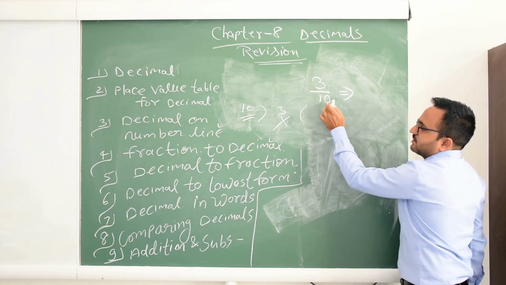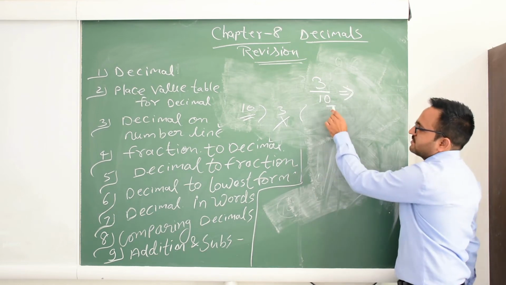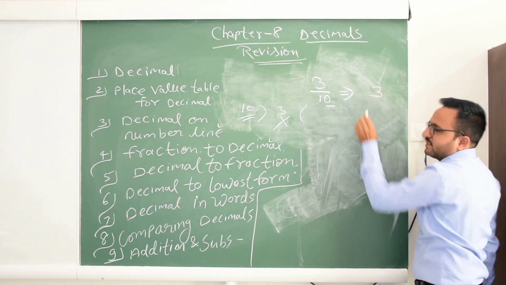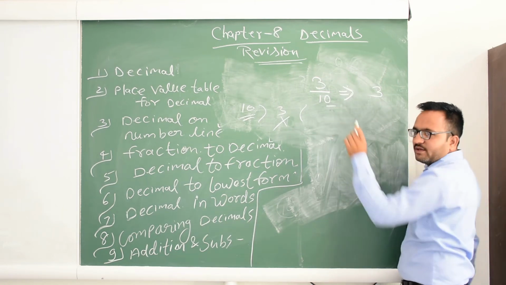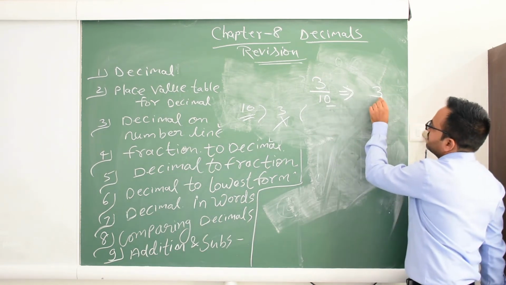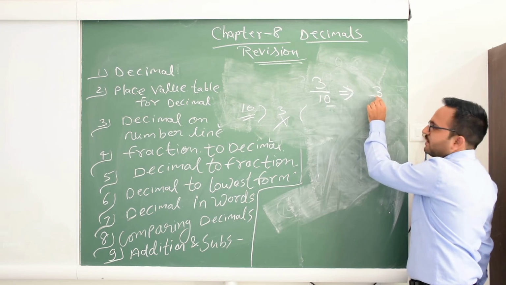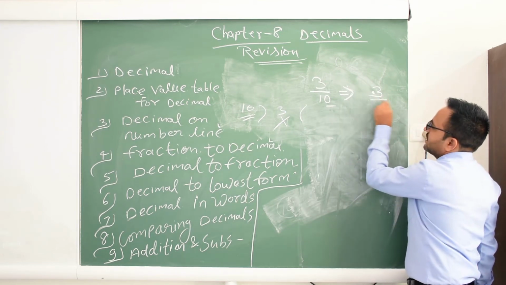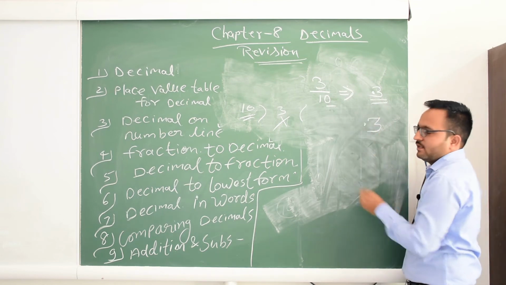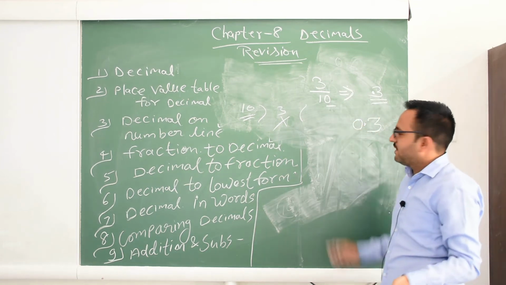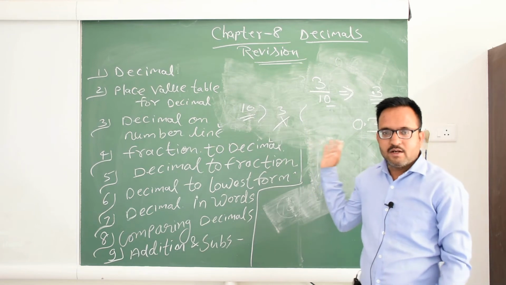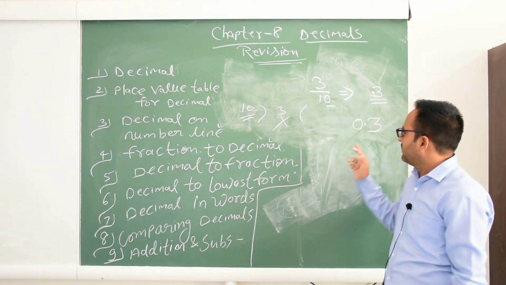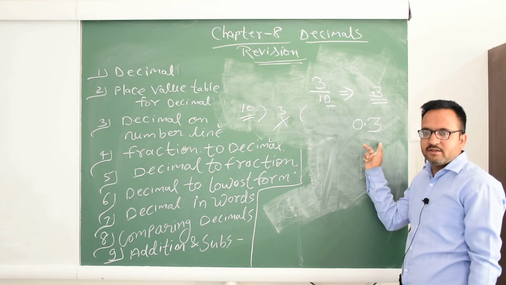How many zeros are there? Only a single zero. So we write 3 as it is, and with 1 zero, after one digit we put the decimal point. Before the decimal we put 0. So your answer will be 0.3.